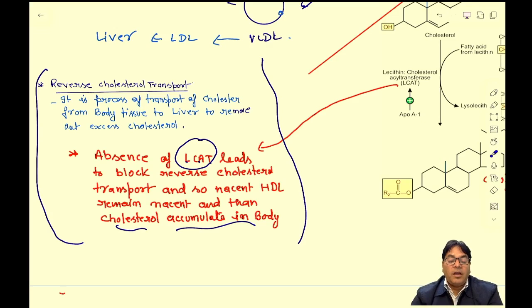If HDL has LCAT and the LCAT level is blocked or absent, then this cycle of reverse cholesterol transport will be blocked. If this reverse cholesterol transport is blocked, there will be accumulation of cholesterol in the body, so it will lead to a high level of cholesterol.